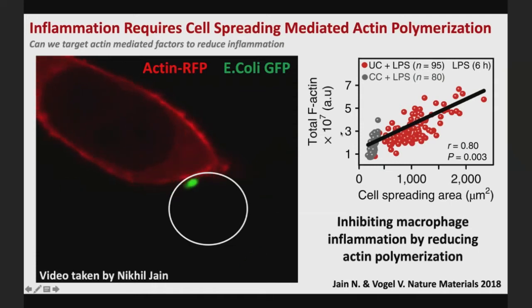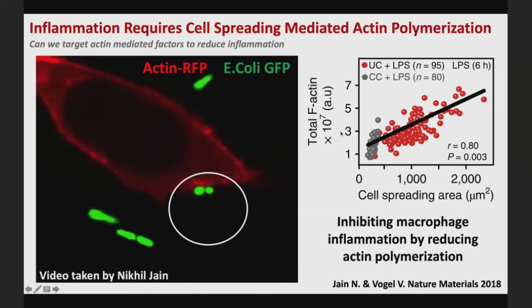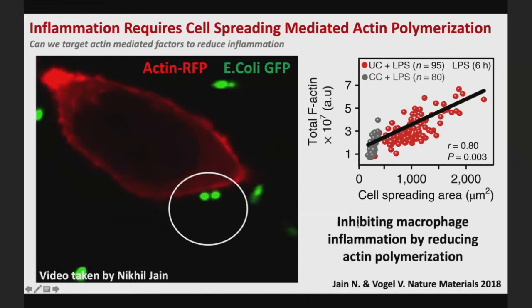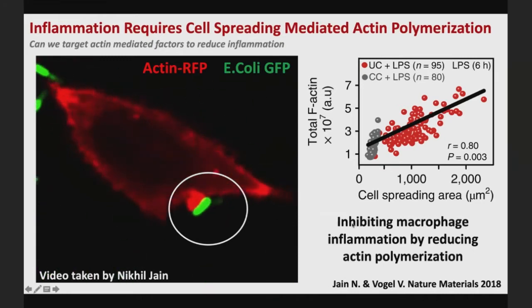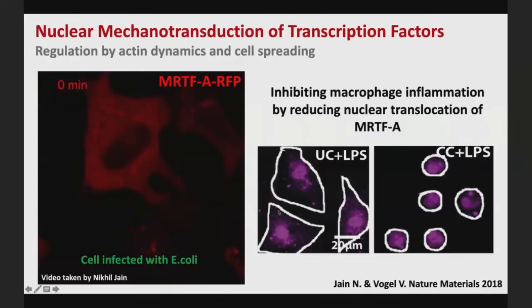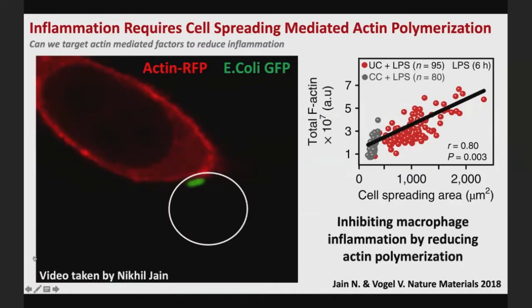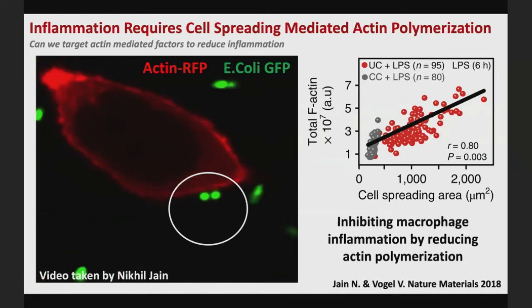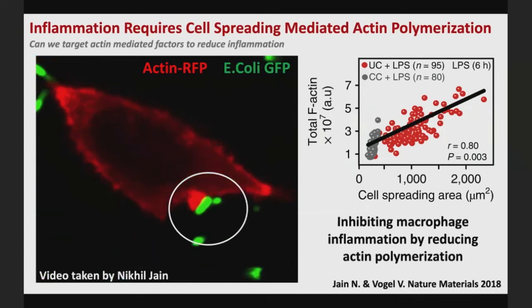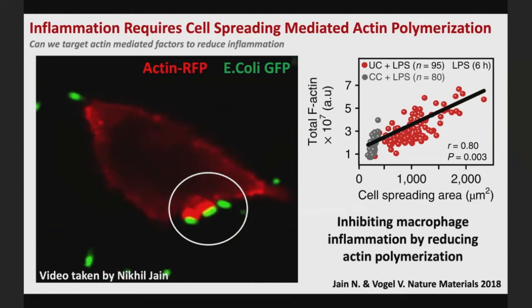In this video, you have a macrophage with actin RFP and E. coli in GFP. As soon as these macrophages try to gobble up these bacteria, they increase the polymerized state of actin, and you can see a huge increase in actin structures. These structures are called actin pedestals, or the phagocytic cup.